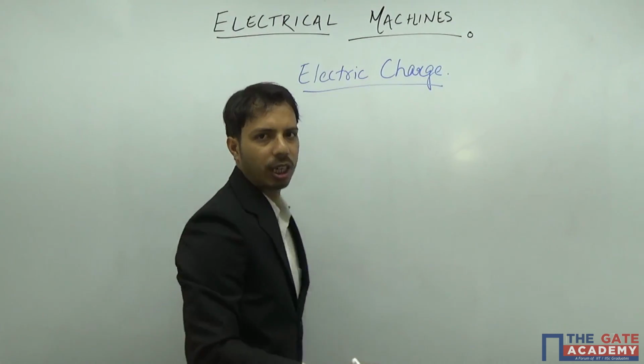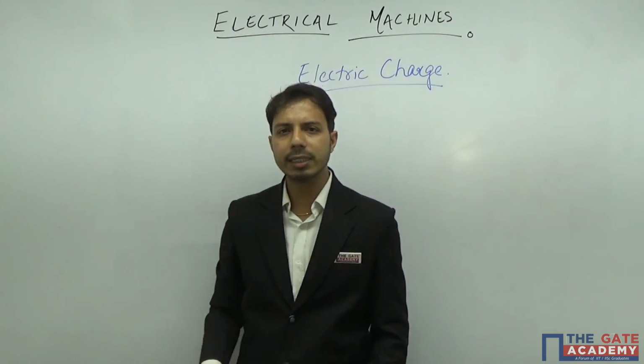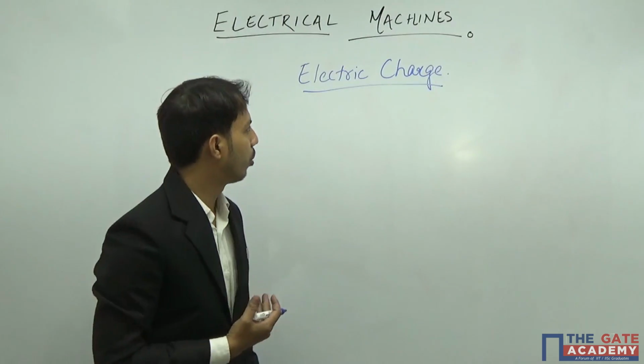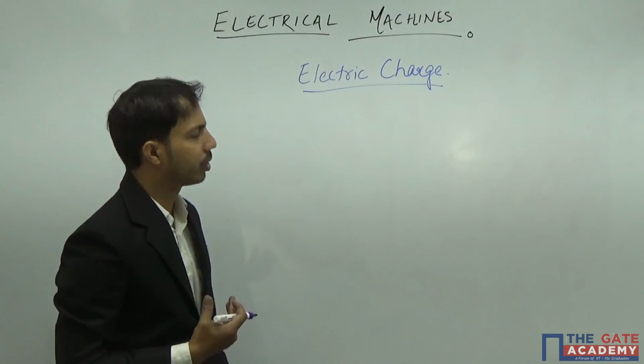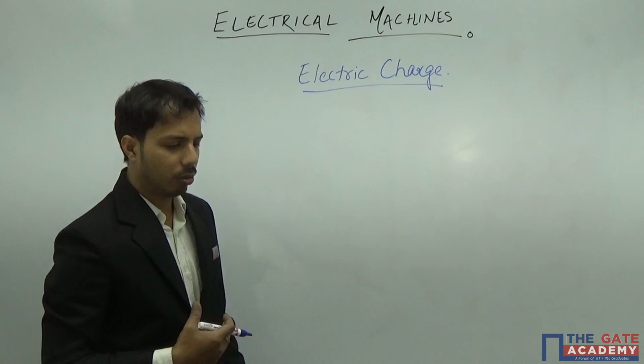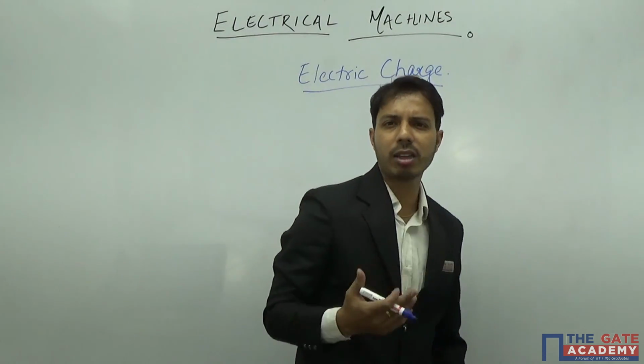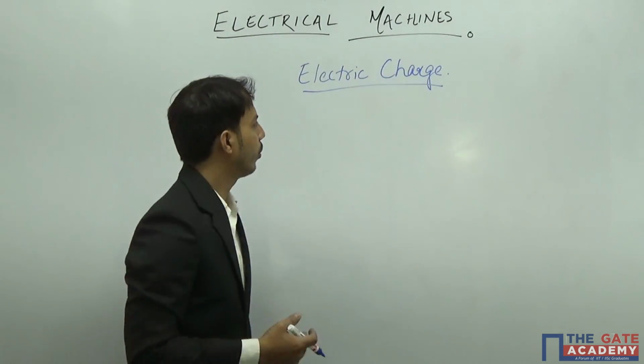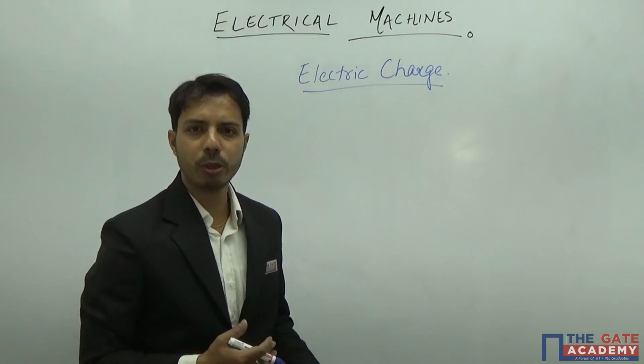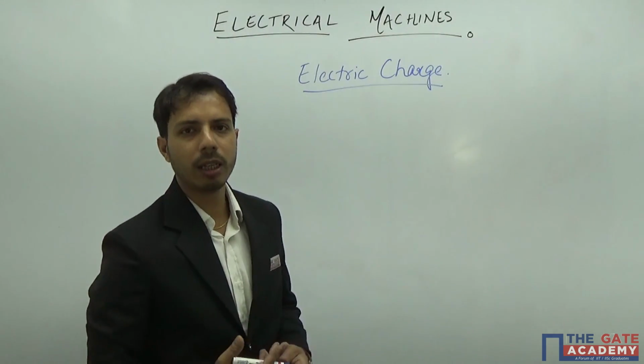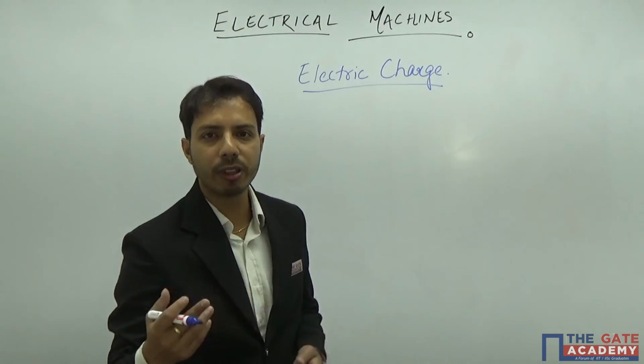Now what is electric charge? We have heard this particular term, electric charge, from say class 5 or 6 or 7. We have heard about atoms, and we know that atoms are made of different types of particles.